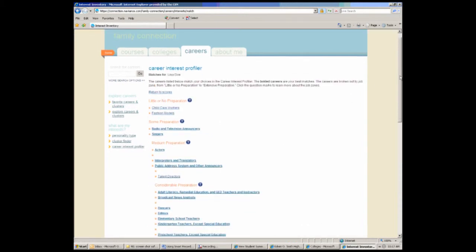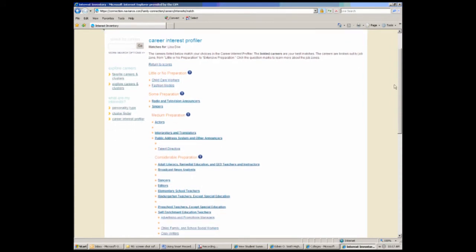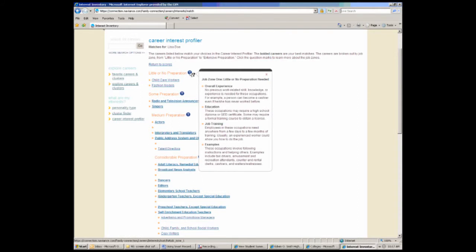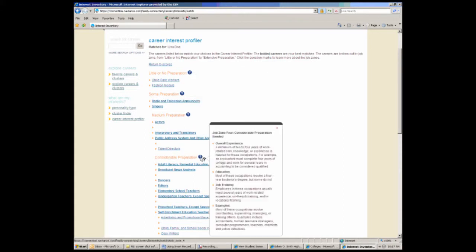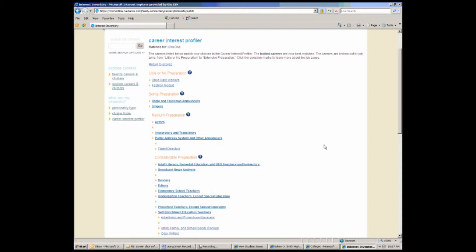By clicking on the matching occupation list, you'll see these are the careers that are suggested for Lisa, arranged by degree of preparation from little to considerable. By clicking on the question mark, you can find the overall experience, education, job training, and so forth that would be required of these jobs.